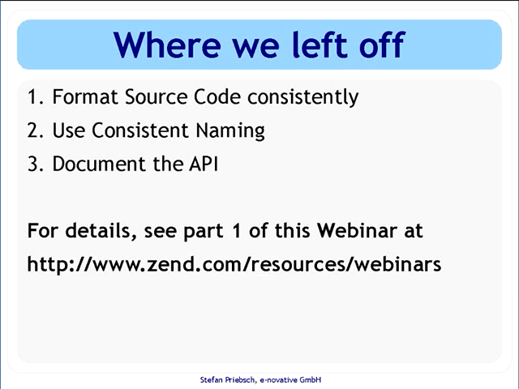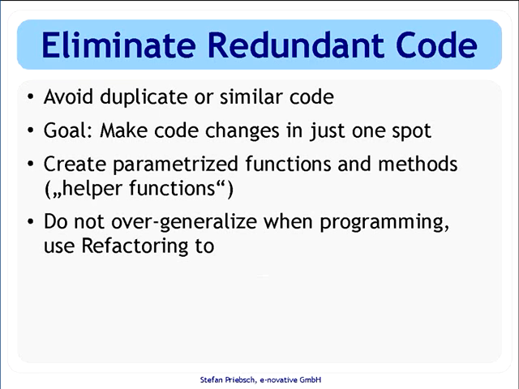So, step number 4 is the first thing you should do when you start working on the code: eliminate redundant code. Redundant code is a very, very bad thing. You should always avoid duplicate code or similar code in your application. The basic idea is that if you change something in the application, you want to make the change in just one spot.